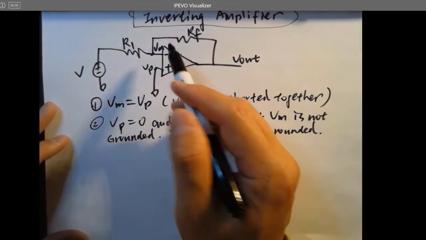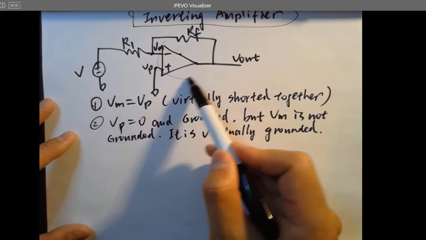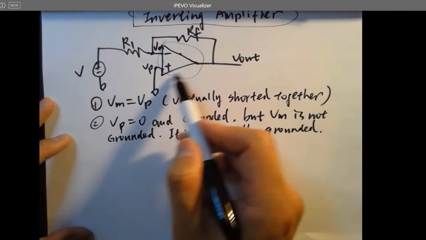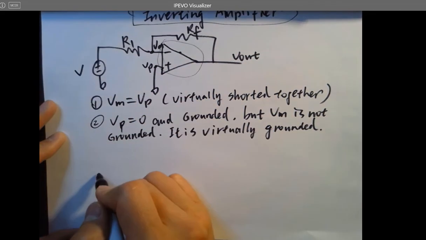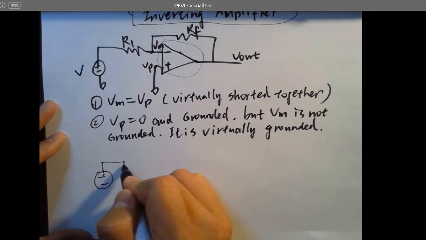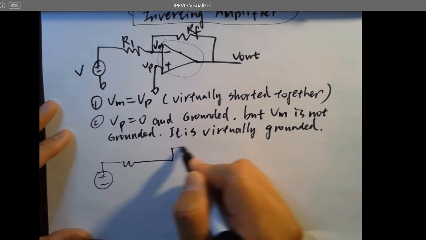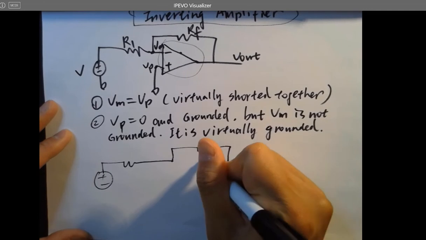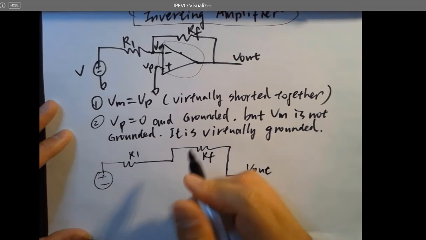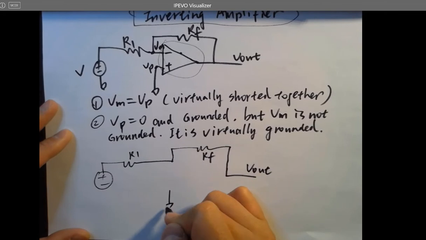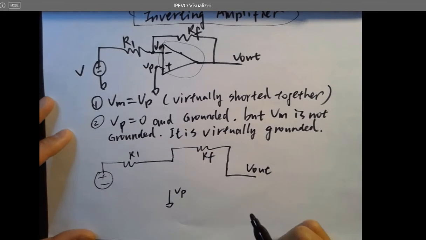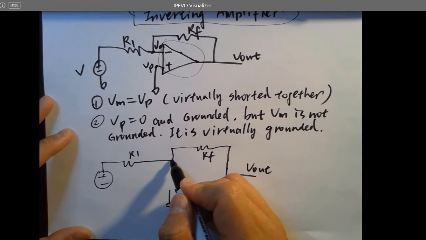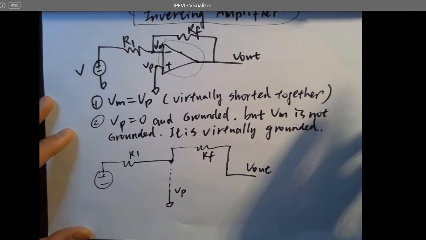So if, for example, we remove this device in the circuit, you are going to have something like this: R1, and going up, that's RF, and that's VL. Here VP is grounded, right? Is this one grounded as well?